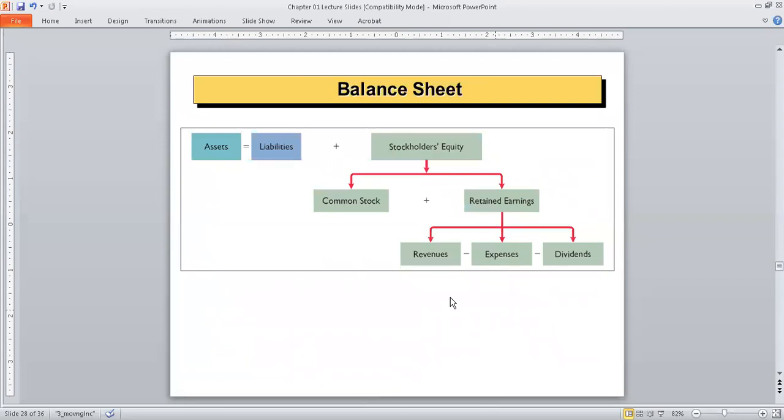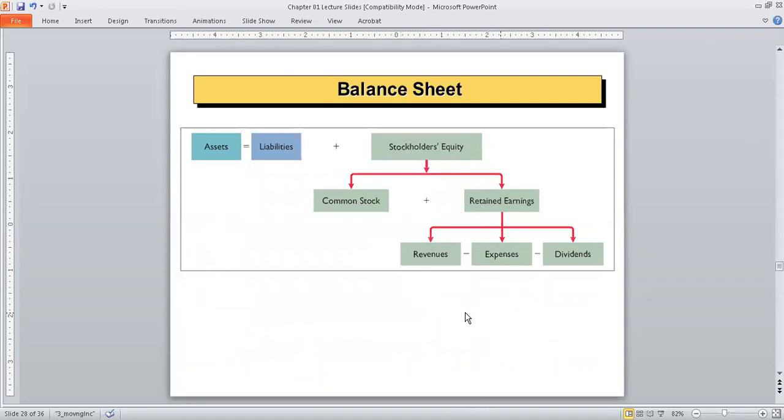this screen. In addition to ownership interest represented by common stock, equity is also enhanced by earnings. All right. So retained earnings also enhances equity.